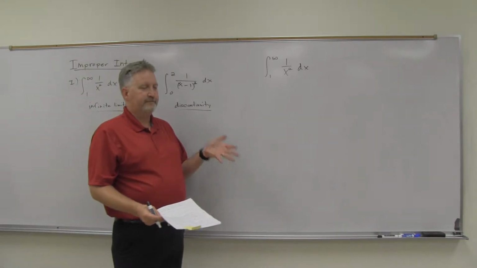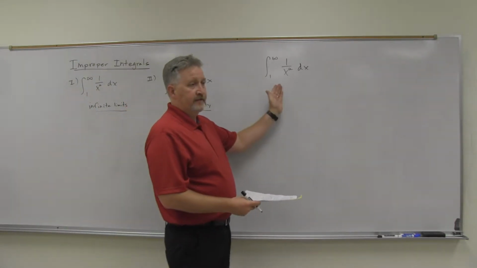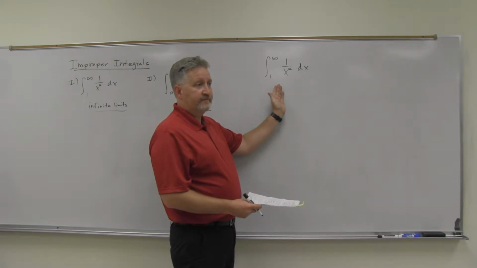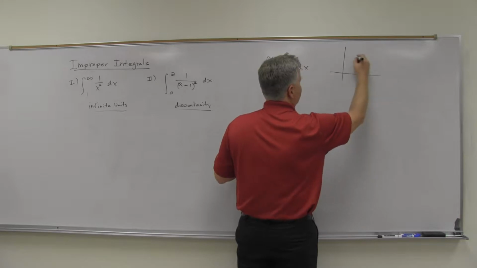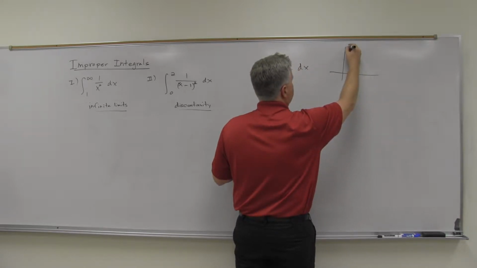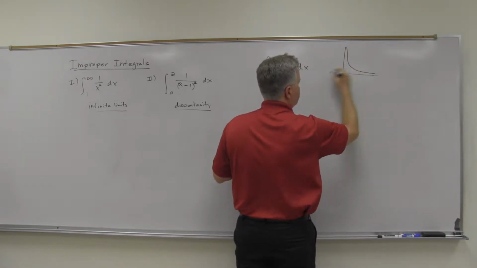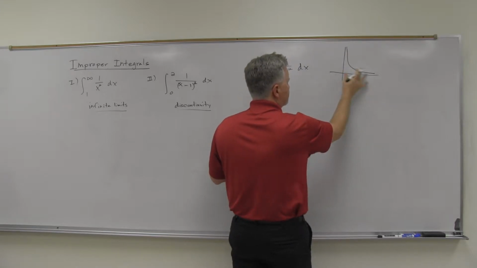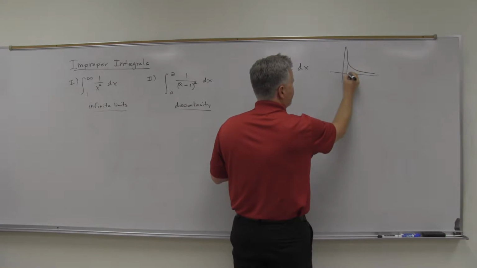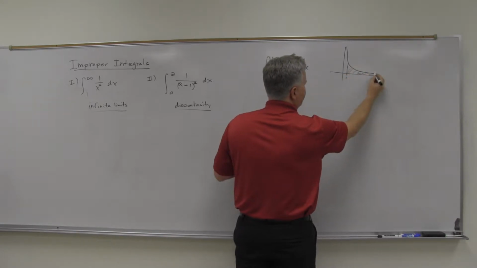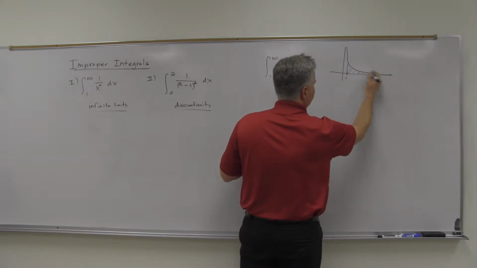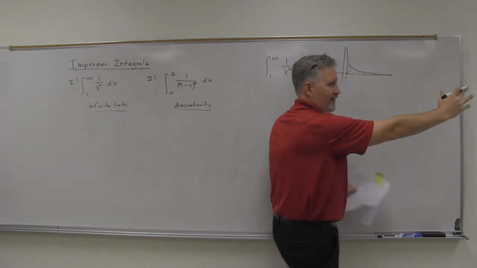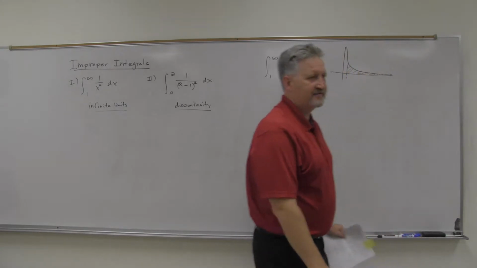The graphical interpretation is the area under the curve. In this case, with 1 over x squared, this piece over here is the one we're interested in because we're going from 1 to infinity. So it's starting at 1 and going out forever.